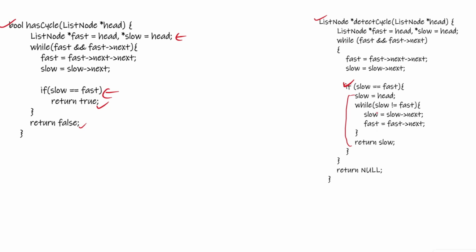Where both of them meet again, we return that node, and if there is no cycle, we return null. Simple. So this is the whole solution of both problems.